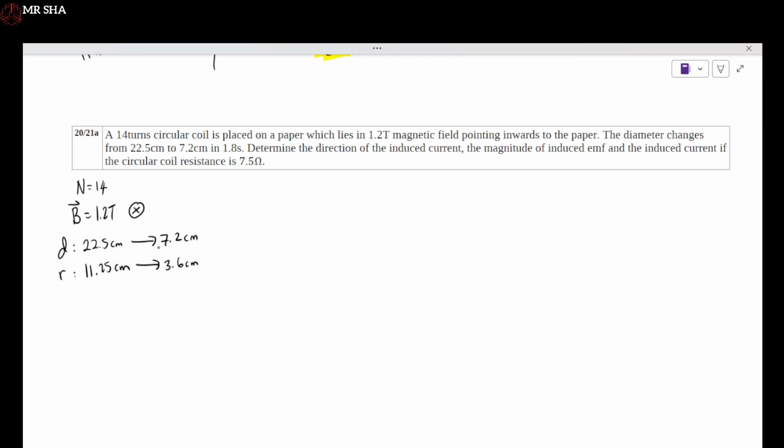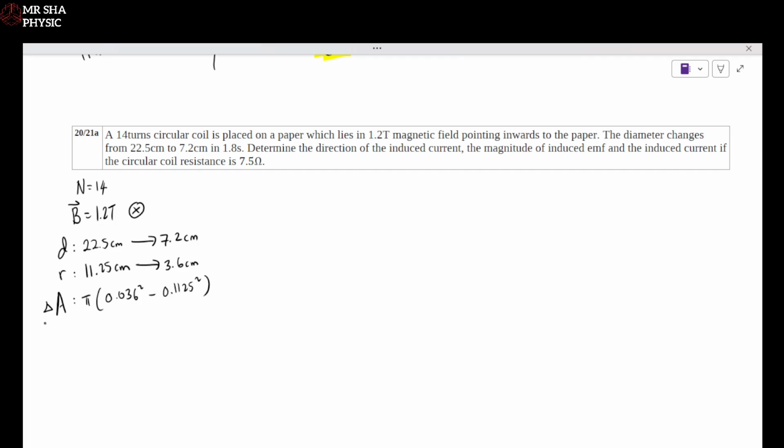Right, so what that means is that the change in my area is going to be pi r square minus r square, which is 0.036 square minus 0.1125 square.